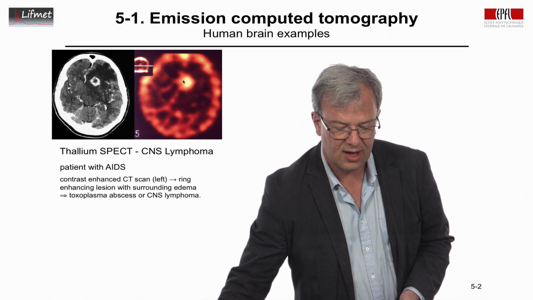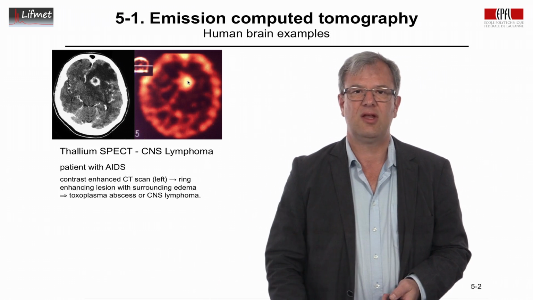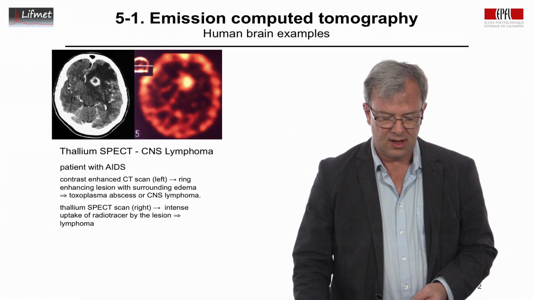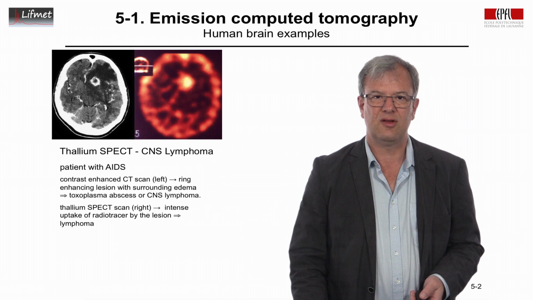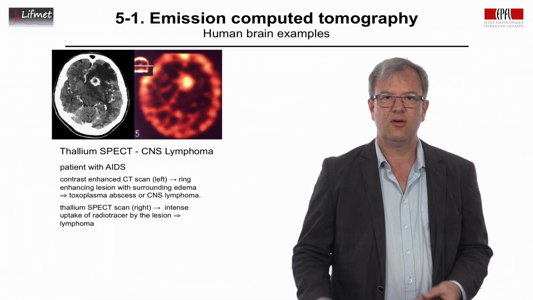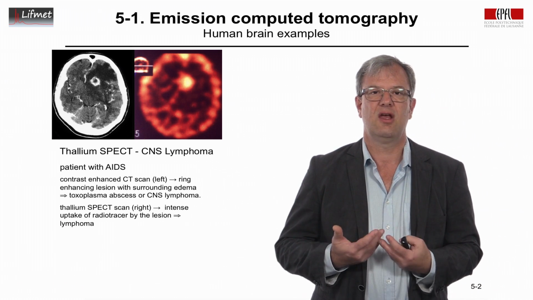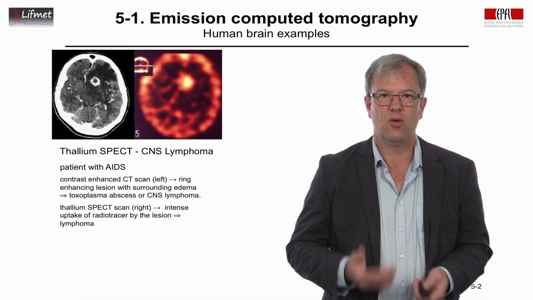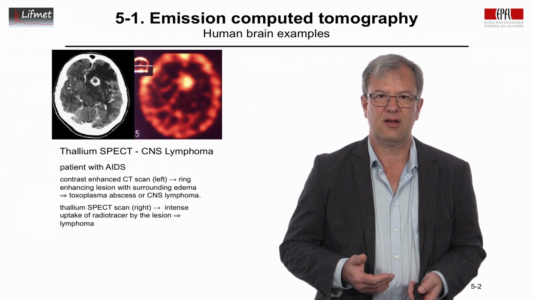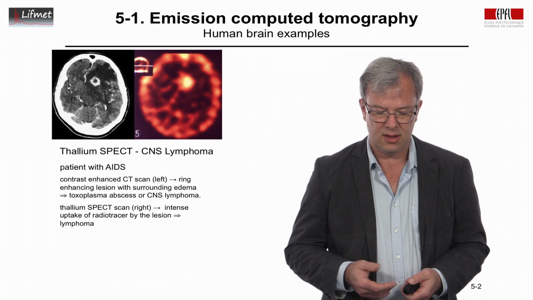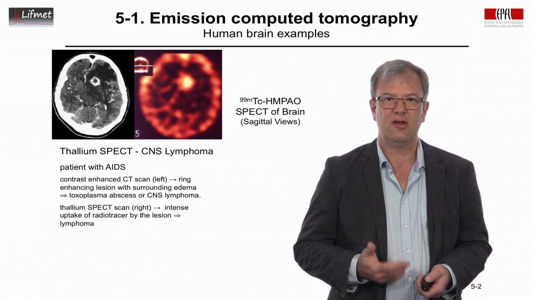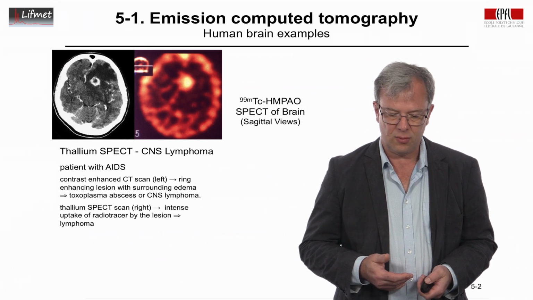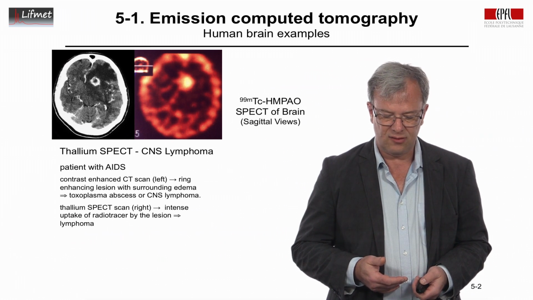What the thallium scan here tells us, there's thallium uptake, that this is indeed an intense uptake of the tracer and therefore of the substance, and therefore it is a lymphoma. So here the use of two imaging techniques allows one to distinguish what the lesion exactly is that is present in the brain.